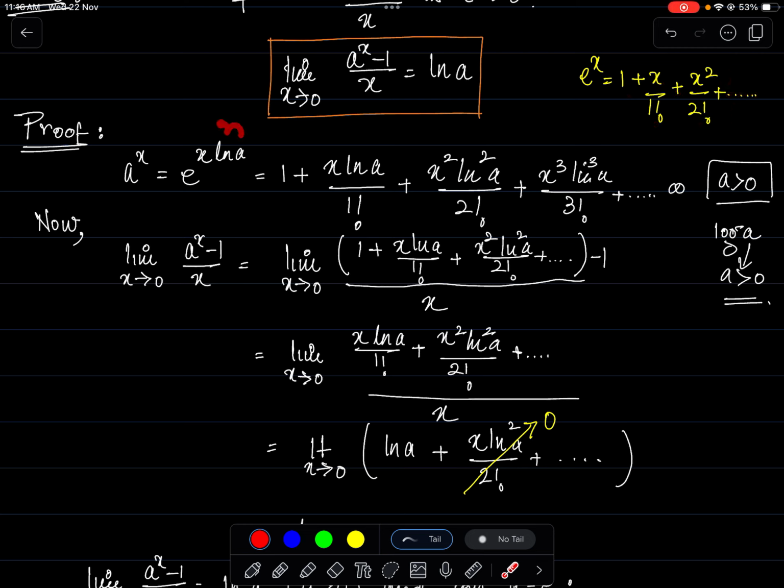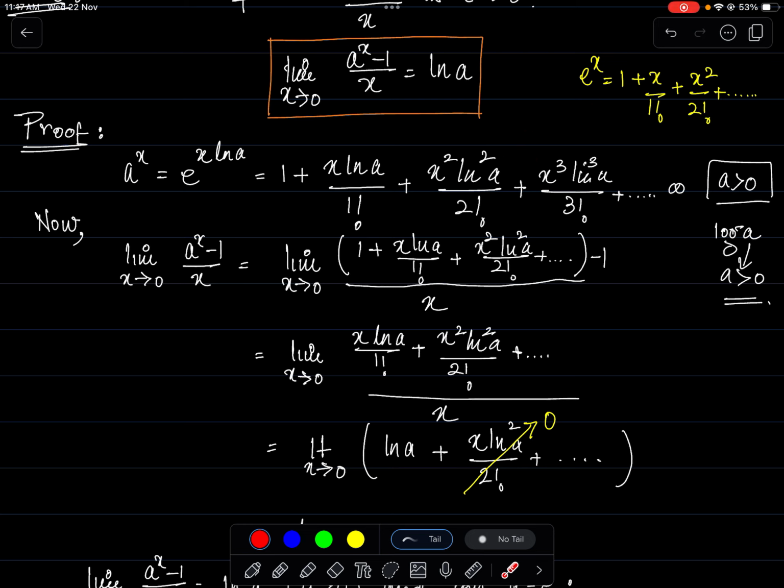In this case, you consider this thing to be your x. So it is 1 plus whatever is the power of e by 1 factorial, plus the square of the previous term by 2 factorial, plus the cube of this by 3 factorial. Similarly, you have to apply this formula till infinity.